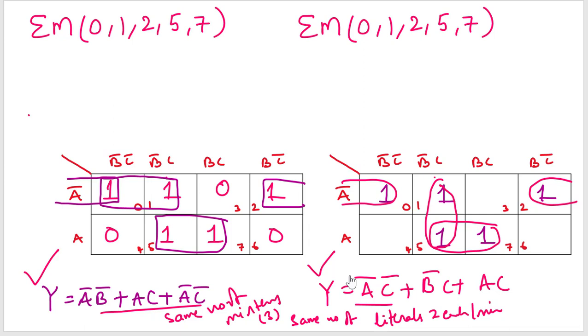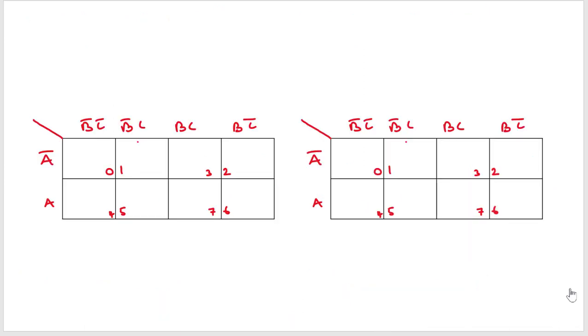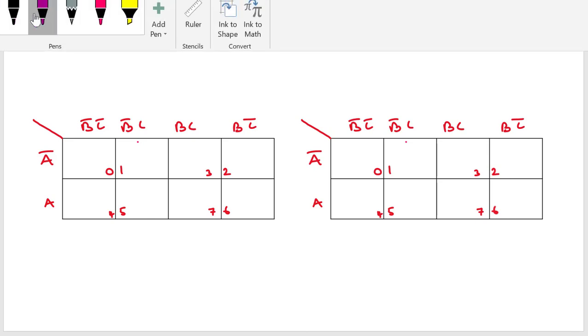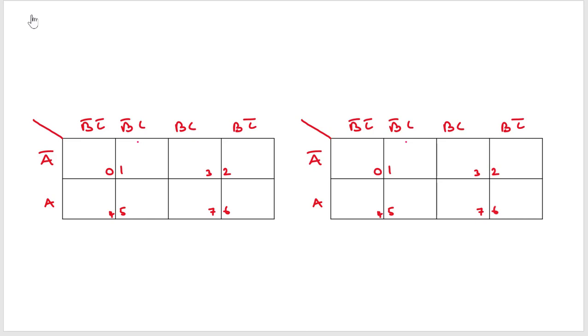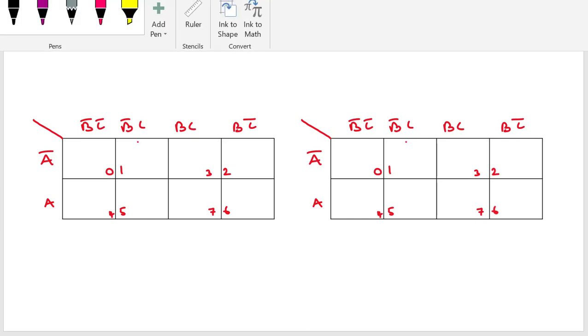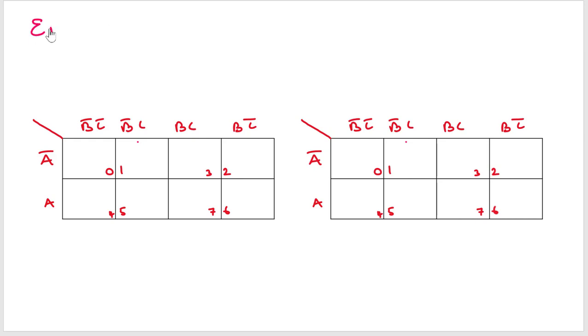Now we'll take one more example and try to see. Now we'll take the second example: sigma m 0 1 2 5 6 and 7.